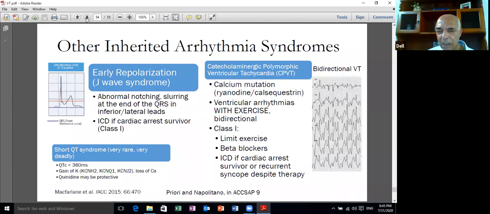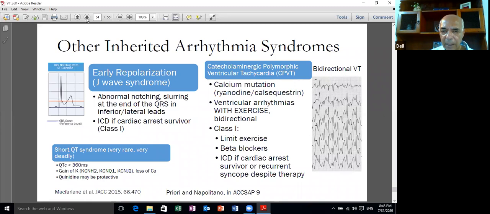Extremely rare condition, but always think about it in patients with digitalis toxicity and CPVT. So you get bidirectional ventricular tachycardia. It's almost diagnostic. The treatment of this condition is to limit exercise, beta blocker, and ICD for cardiac arrest survivors or recurrent syncope despite the use of beta blockers.